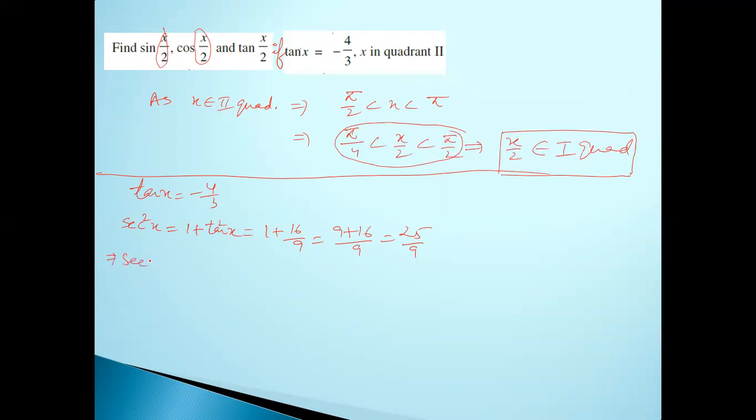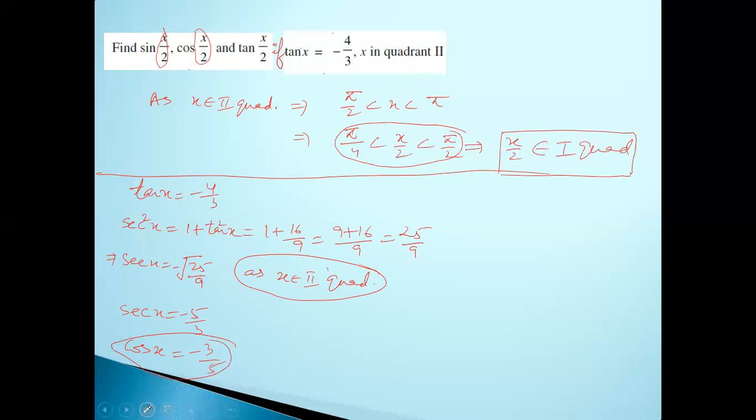Implies sec x equals square root of 25 upon 9. As x belongs to the second quadrant, and in the second quadrant sec x is negative, so we will take the negative sign. That is sec x equals minus 5 upon 3. From here, the reciprocal of sec x, cos x, would be minus 3 upon 5.